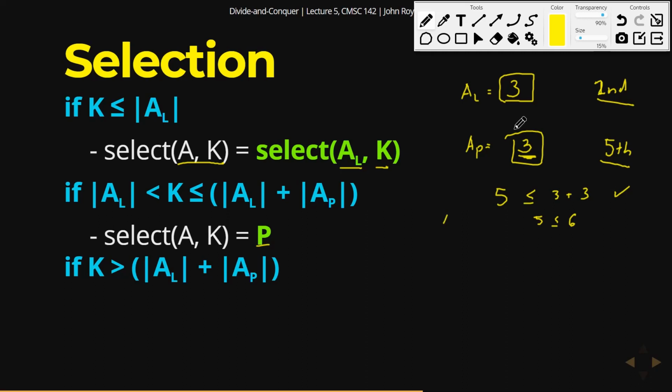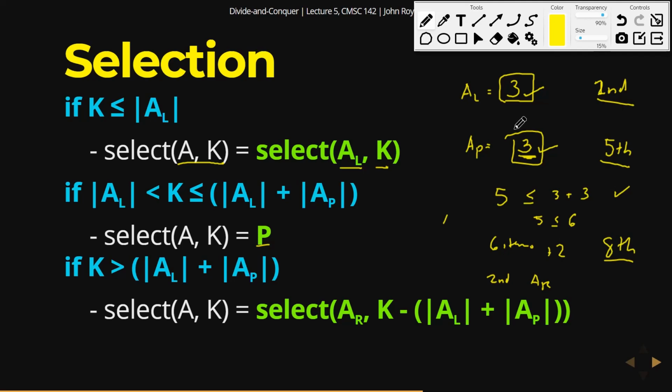However, if it's more than that, let's say we're looking for the 8th item, we can't find it in the first 3 nor the next 3, so that's only 6 items, right? So the 8th item is plus 2, so that's the second item in A sub R. So we will select it in A sub R, and the rank is K minus the sum of A sub L plus A sub B. So 8 minus 6, which is 2.